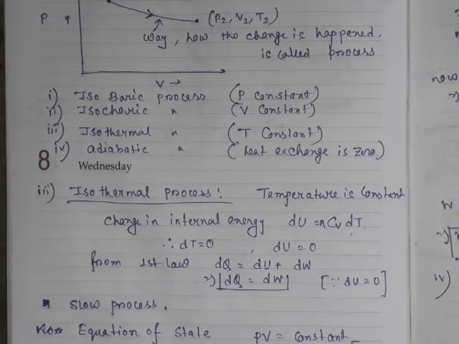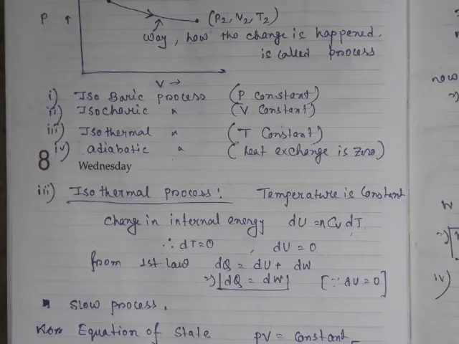The reason is that this process doesn't show you that the heat exchange is 0. That means the system has to exchange heat with the surroundings, and if the system does some amount of work, or some amount of work is done on the system, in both cases the system has to exchange heat with the surroundings.